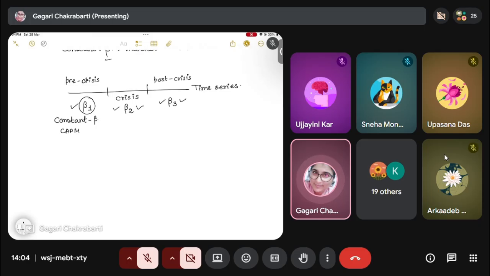কিন্তু লিটারেচার কি বলছে যে constant beta is not at all a realistic assumption. In fact, this constant beta CAPM should be replaced by something else. So if you are trying to make beta to be changing over time or to be dependent over time, তাহলে calculation of these phase-wise beta will not serve our purpose. তাহলে তুমি এরকম ফেজ ওয়াইজ বিটা বার করতেই পারো, মানে if your research requires that.